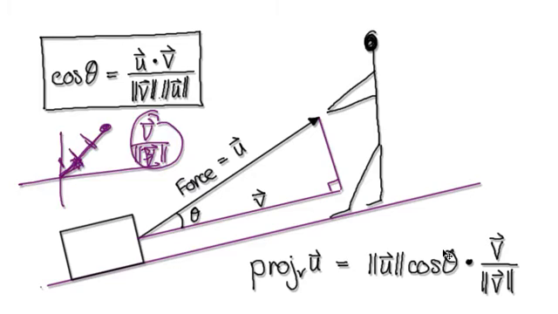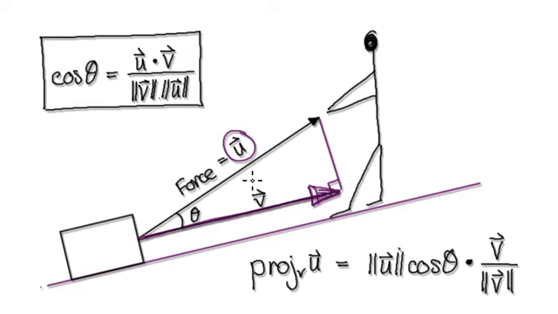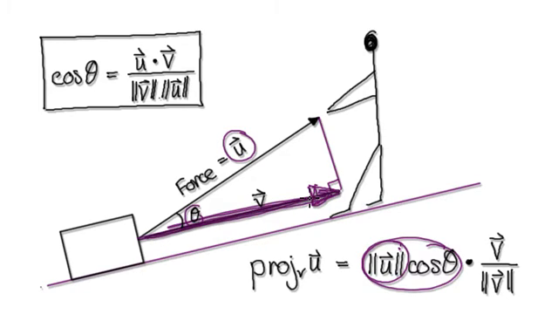Let me start again. The box is only interested in the strength here. The box is only interested in this vector force. So we would extract the magnitude, which is this bit, times cos theta. That would then give us the strength, the magnitude of this thing.